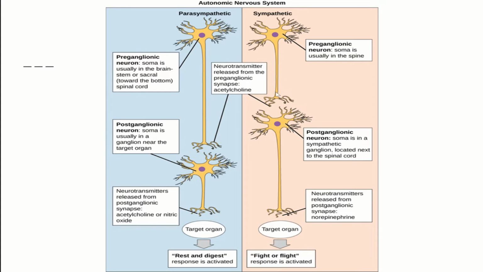In the sympathetic nervous system, the post-ganglionic neuron has the longer axon. So what that means essentially is that the ganglion are closer to the spine in the sympathetic nervous system. In the parasympathetic nervous system, the ganglion are further away from the spine, closer to the target organ.